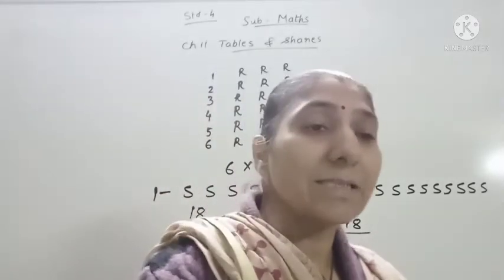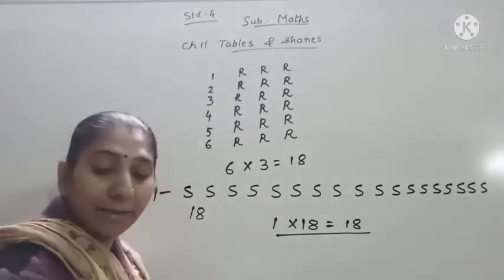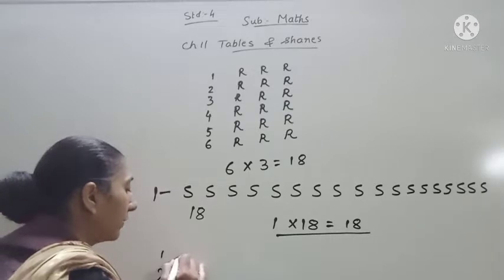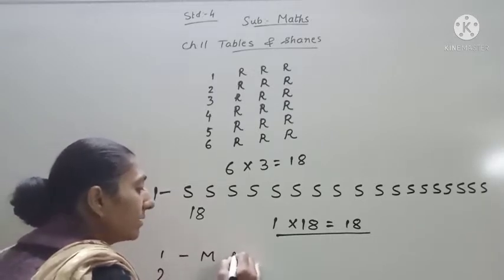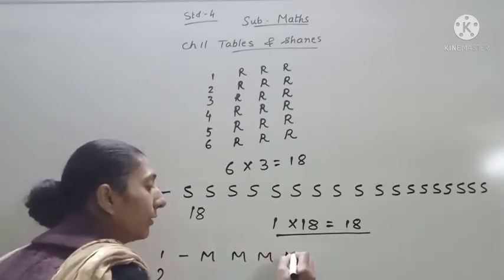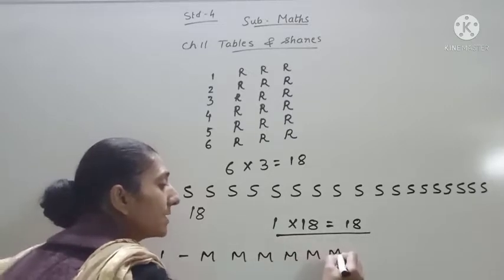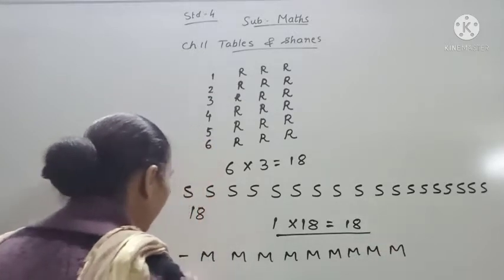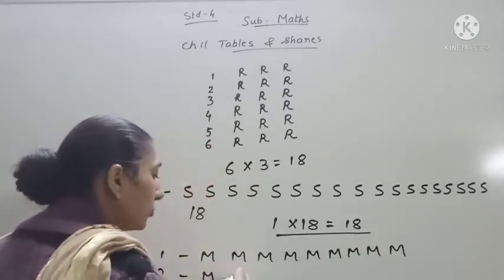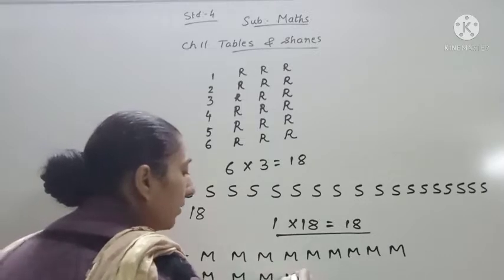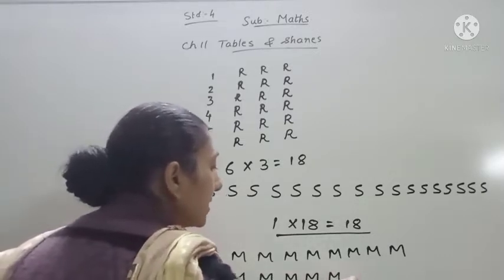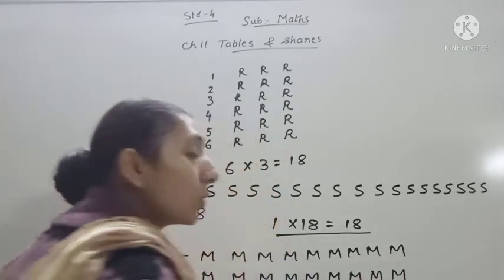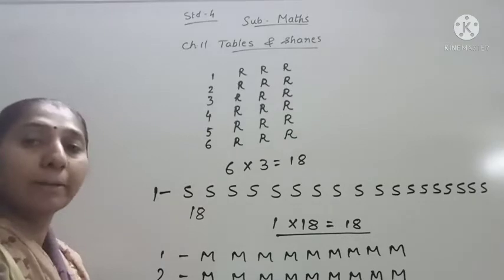Now what is the arrangement for marigold plants? The other one is marigold. How has she planted the marigold? 1, 2, 3, 4, 5, 6, 7, 8 and 9.